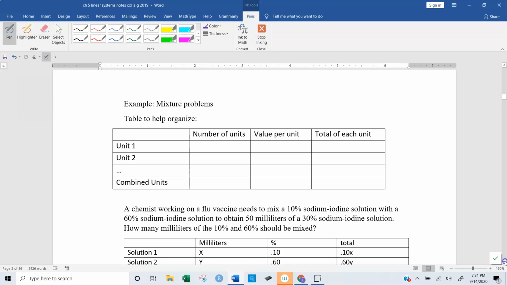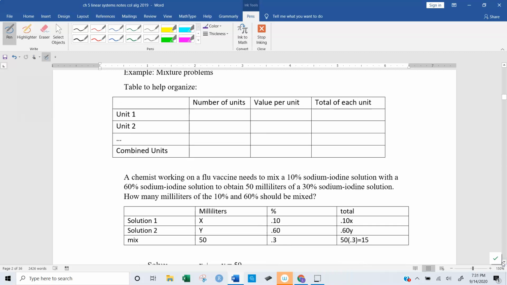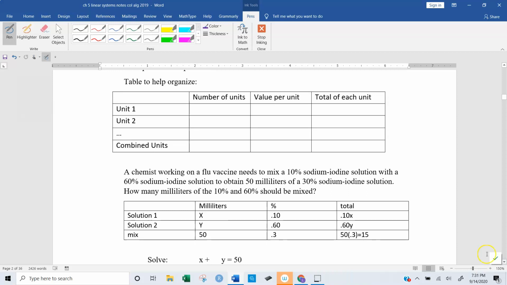All right, last but not least, our mixture problems. And mixture problems are not hard as long as you break them up. If you do not break them up into small portions, they are difficult. All right, so in a mixture problem, you have everything that goes in the mixture here. And the very last line is the mix itself. Here you put down there's got to be a number of them or a quantity.